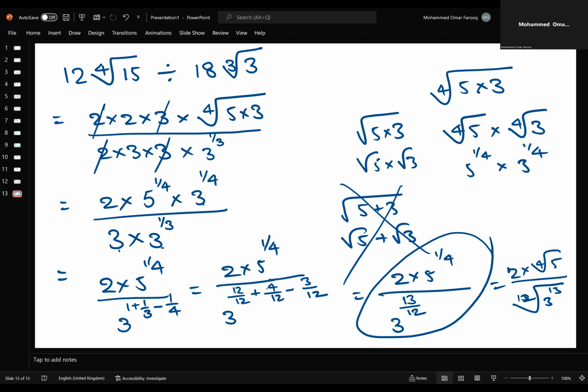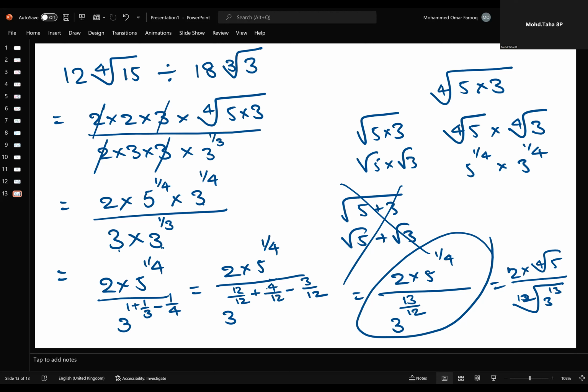For example, root 2 is equal to 1.414 and so on. Root 3 is equal to 1.732 and so on. In the same way you have to learn by heart. Sir, so for the exam, we have to learn them? Yes, they will not ask you to deduce the value, because you cannot do it.